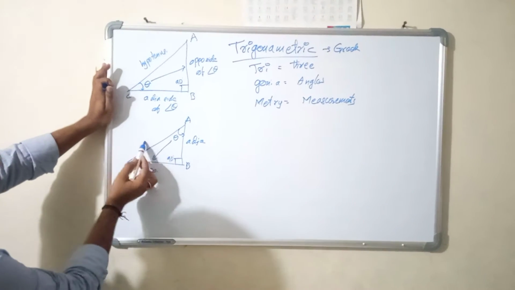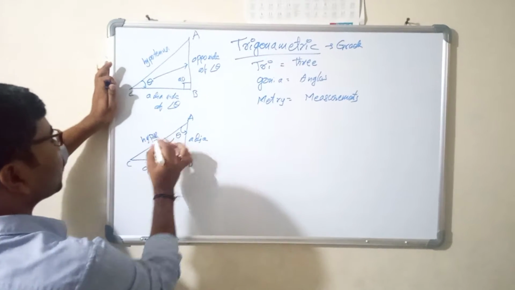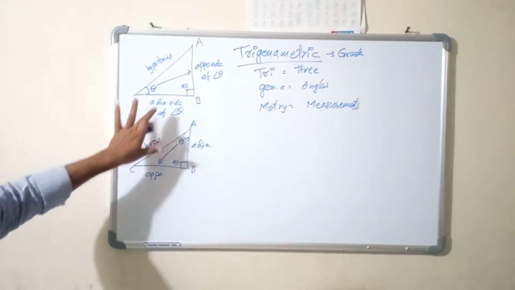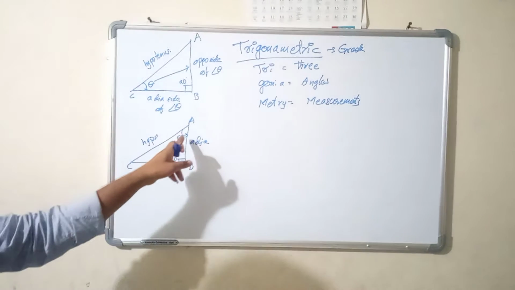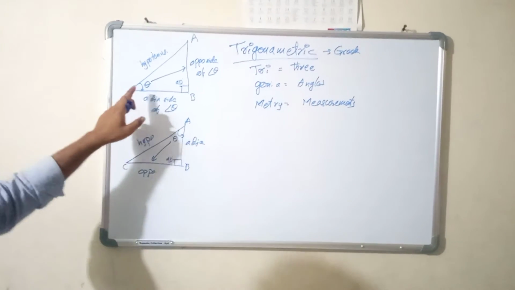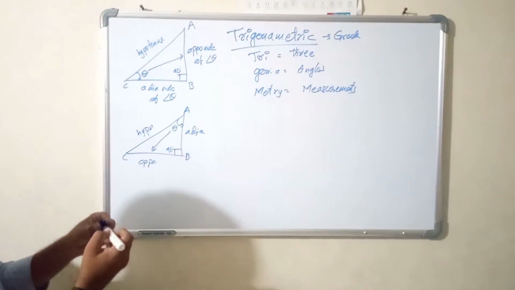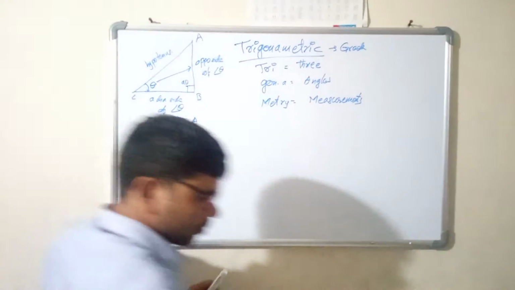The longest side, opposite to 90 degrees, is the hypotenuse. The hypotenuse is common for both, but the opposite side and adjacent side interchange depending on theta. If it is theta here, this is the opposite side and this is the adjacent side. If theta is here, this is the adjacent side and this is the opposite side. Next we discuss the trigonometric ratios.